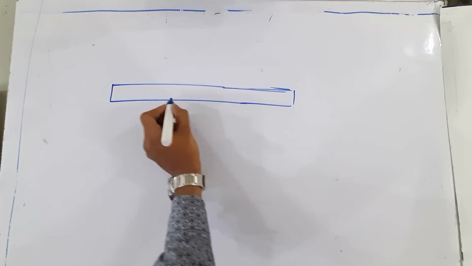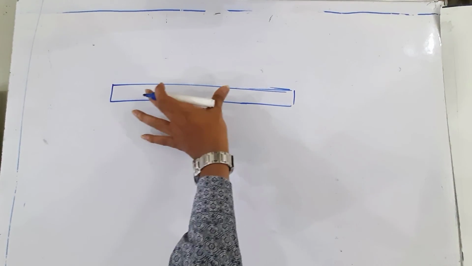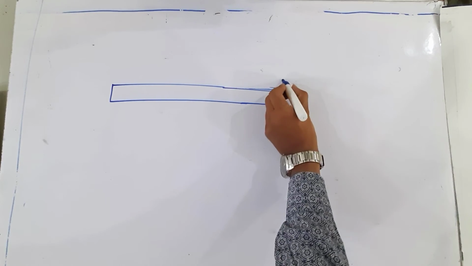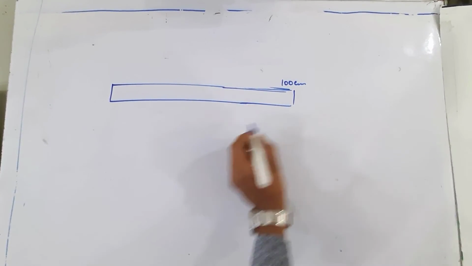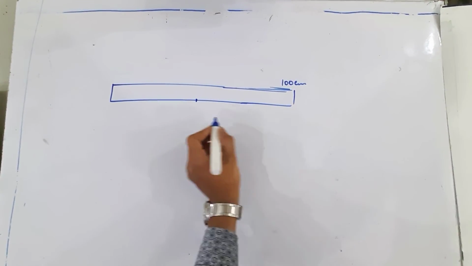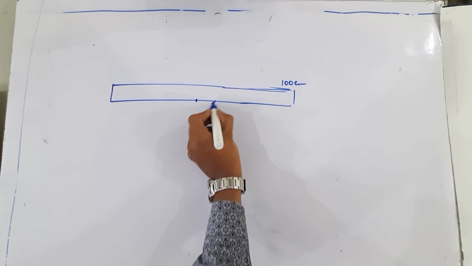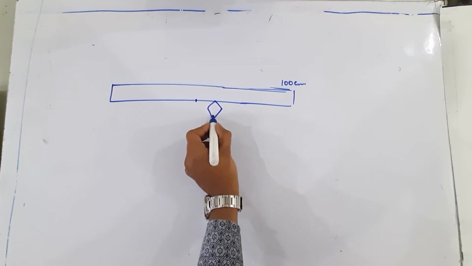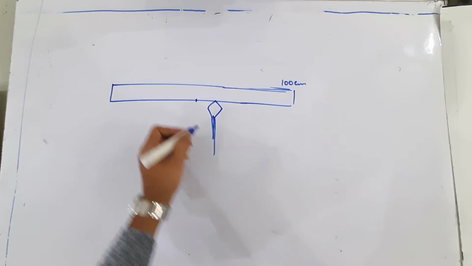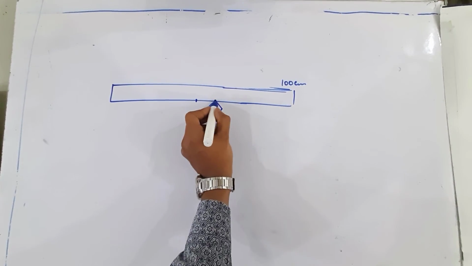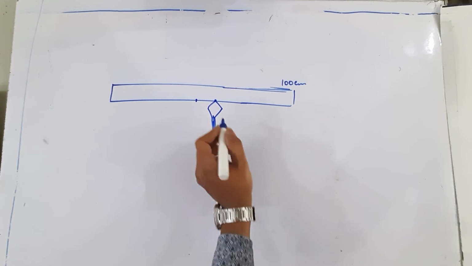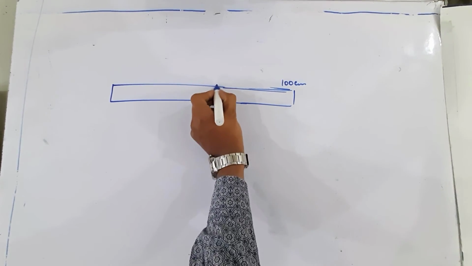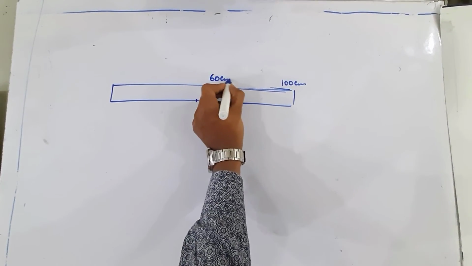So we have to consider the entire length is 100 centimeter. So this midpoint will be 50 centimeter. Since it is balanced at the 60 centimeter mark, we are considering it as a knife edge. So this meter rule is balanced at this position. So this is the 60 centimeter mark.